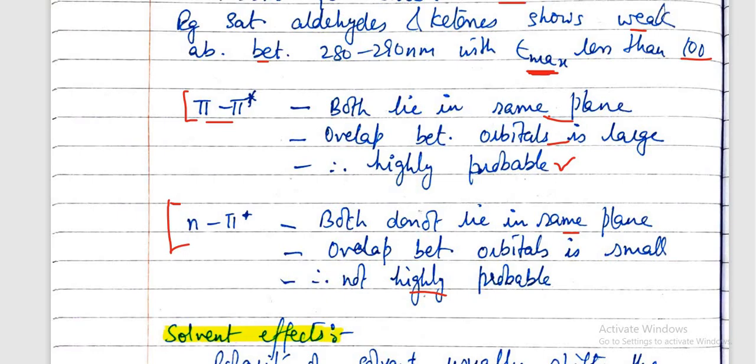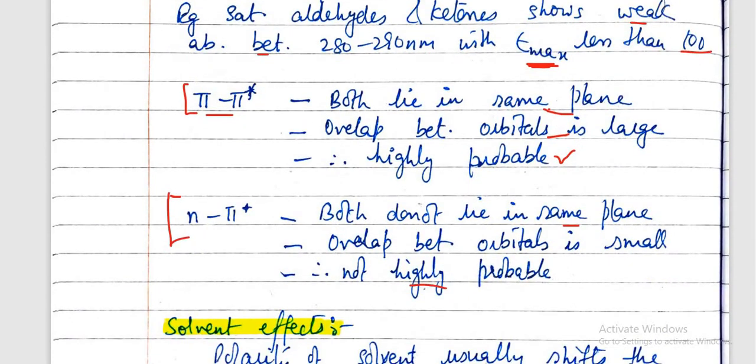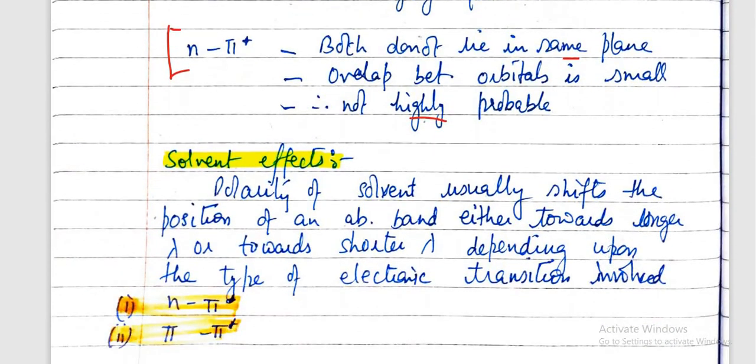So next we will talk about the effect of solvents. Now in this UV spectrum we will only study n to pi star and pi to pi star transitions. So what is the effect of solvent on these two transitions? Whether the solvent is polar or non-polar has an immense effect on the transitions.